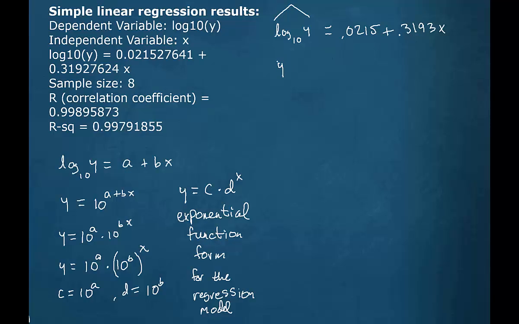So we will now write this as y hat equals 10 raised to the 0.0215 plus 0.3193x, which would be the same as y hat equals 10 raised to the 0.0215 times 10 raised to the 0.3193x.